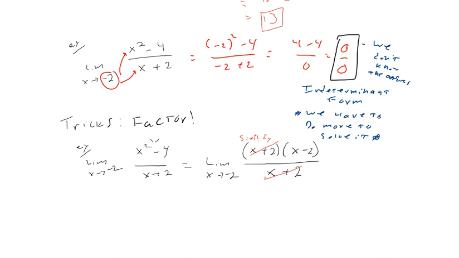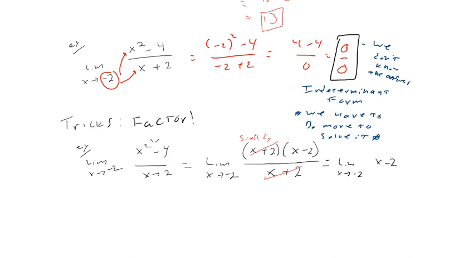And so what I get is going to equal the limit as x approaches negative 2 of x minus 2. Okay?